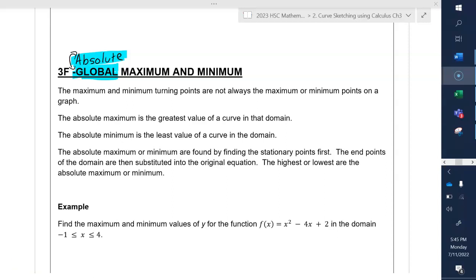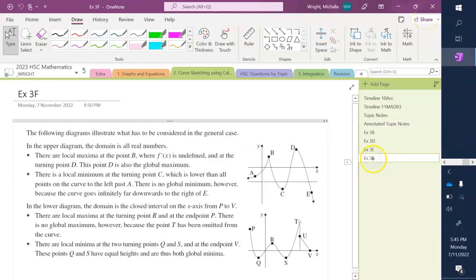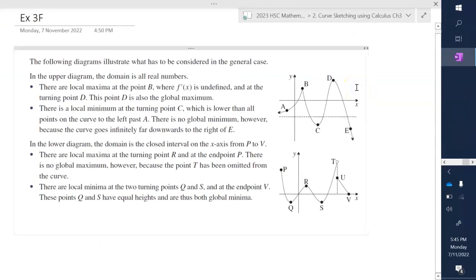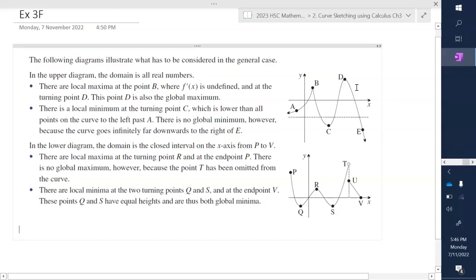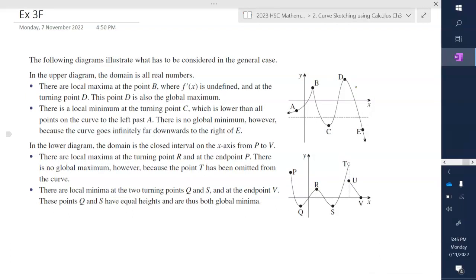I'm going to jump over into the OneNote into 3F and have a little bit of a look at some of the stuff that's in the textbook here. I thought this is a really good indication of what we're actually talking about. There's two graphs over here to the right, so let's have a look at the first graph, the top one. If you have a look at that graph, what you'll see is there's a maximum at point B, and there's a turning point at point D. This point D here is what we would call the global maximum.